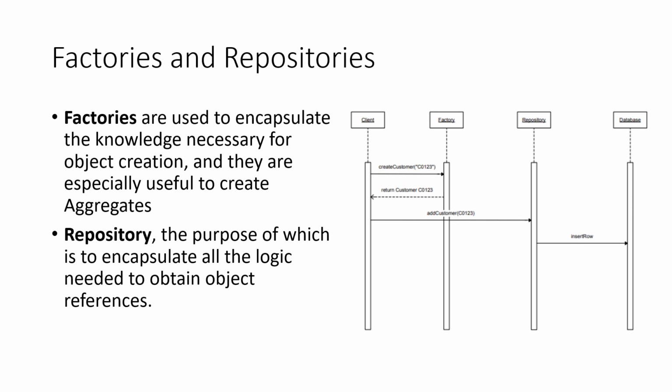If a client requests some object from the repository and the repository doesn't have it, then the repository will go to the database, fetch the object, and return it. So a repository may include a cache, and may include a database. From the perspective of the rest of the classes within this package, the repository represents the database, the repository represents the cache.